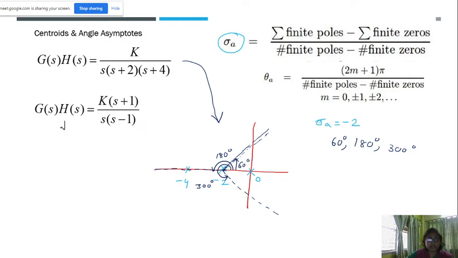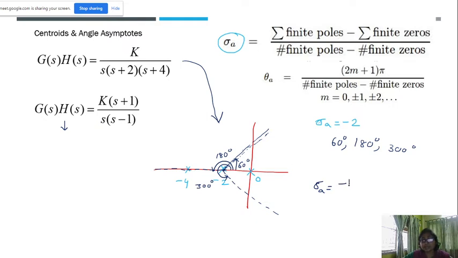What will be the value of the centroid over here? For the second example, we consider the finite real values of the poles. So this is 0 and this is minus 1.